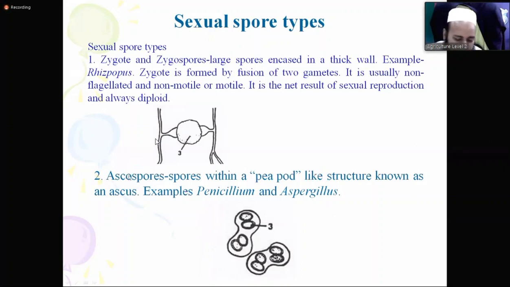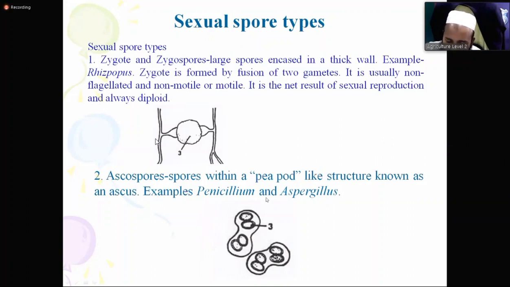Ascospores are spores within a pea pod-like structure known as ascus. Inside they produce some spores. So this structure is called ascus, and this spore is called ascospore.